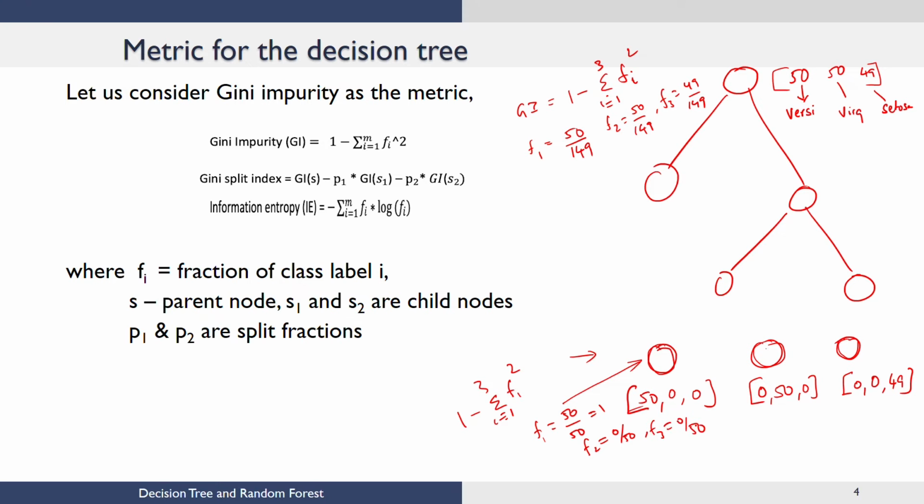So the fractions will be 1, 0, 0, and once you use this to calculate the Gini impurity, it will be 0. Whenever the Gini impurity is 0, that means we have pure sets where only one class is represented and the other classes are all left out.